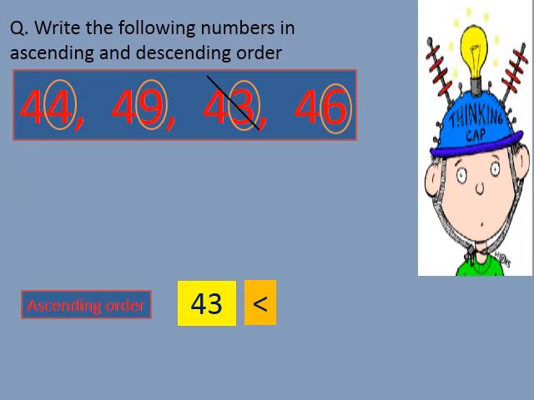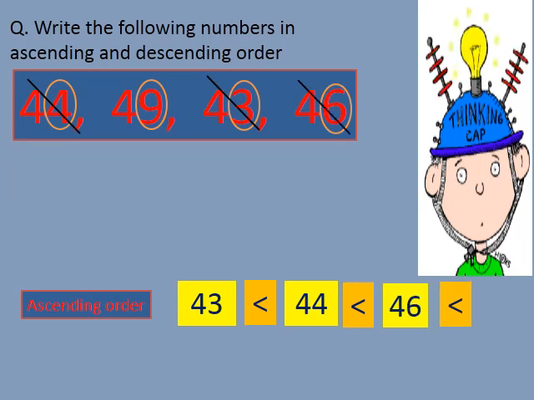After 3, the next smallest number is 4, that is 44. After 4, which is the next smallest number out of 49 and 46? Yes, 6 is the smallest, so our next number is 46. And the last one is 49. So children, this is the way you can solve the given numbers and write them in the ascending order.